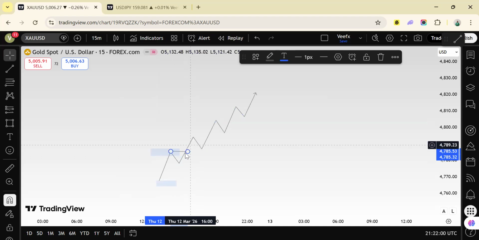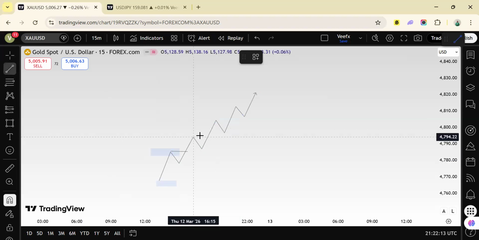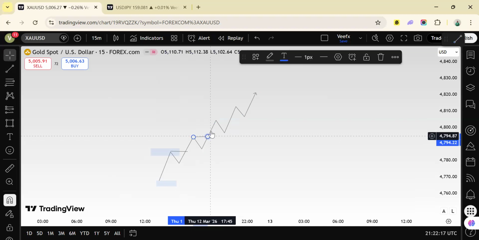As it took out this high and created a new high and then pulled back, it went back up and took out this recent high again, so you have another break of structure. As price is on an uptrend, you're definitely going to be seeing break of structure, because for price to trend to the upside, it needs to keep breaking key levels, or higher highs.